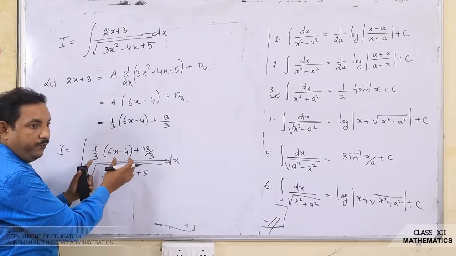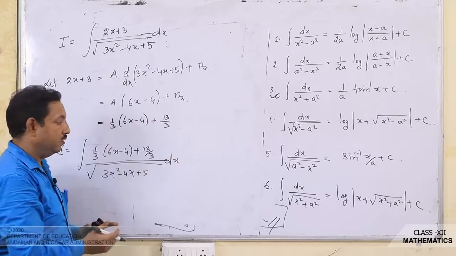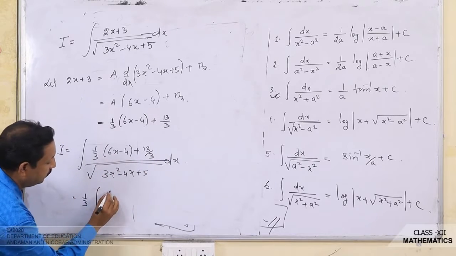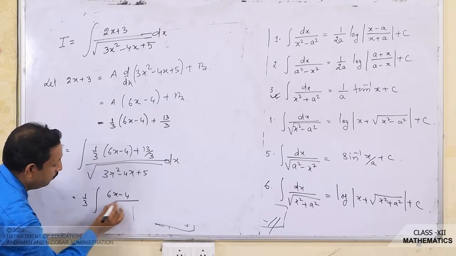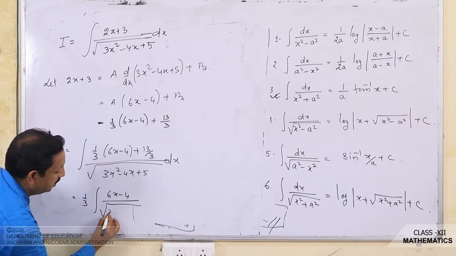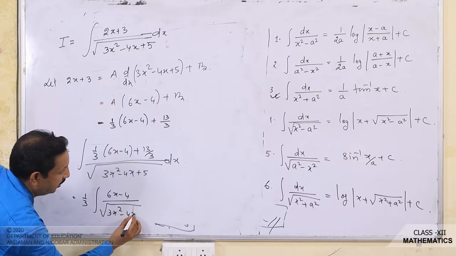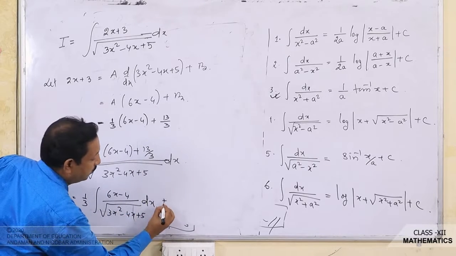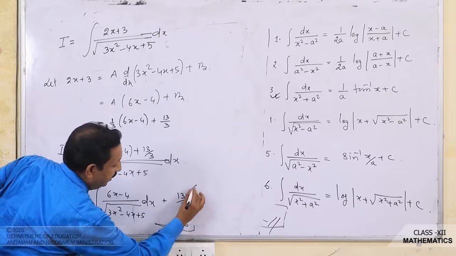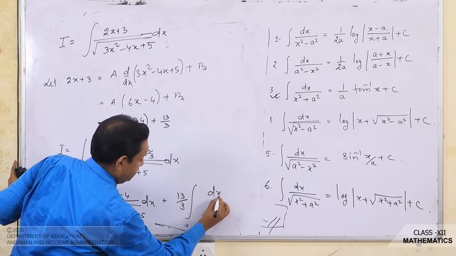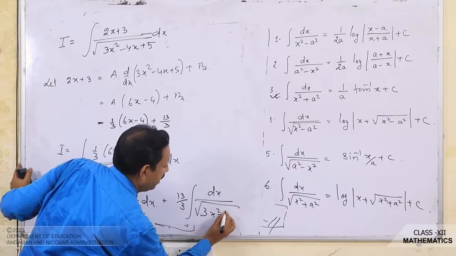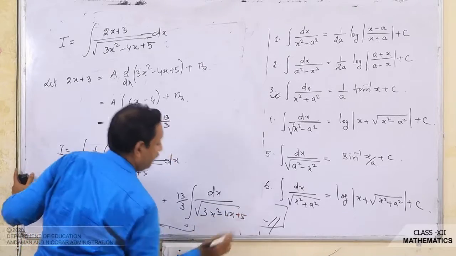So, now I make two separate integrals. First one, I take this 1 by 3 out, integration of 6x minus 4 by root under 3x square minus 4x plus 5. This is one integral. Other will be 13 by 3 integral dx upon root under 3x square minus 4x plus 5.